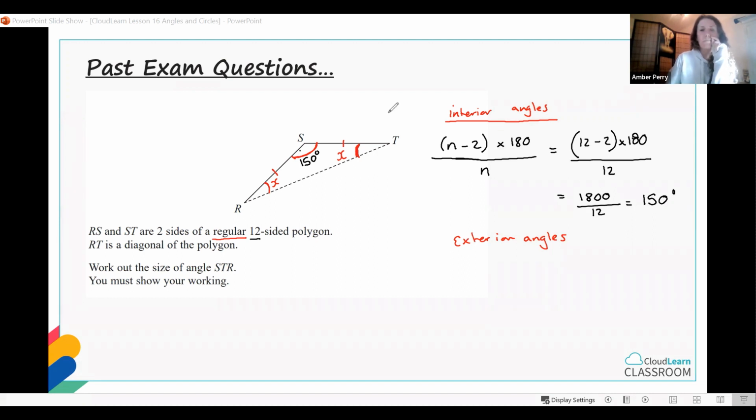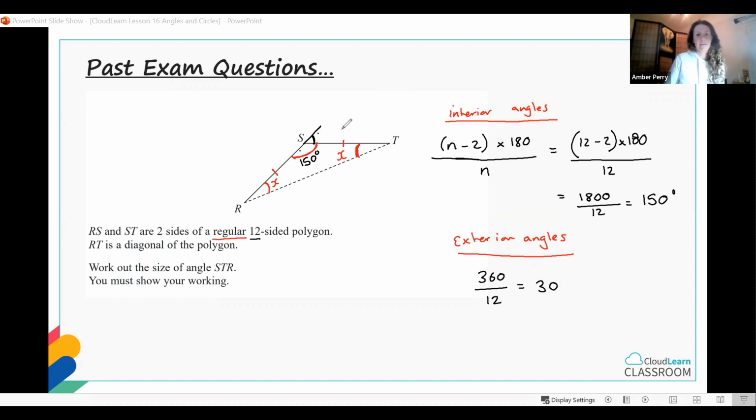Okay, let's think about method 2, if you'd rather use the exterior angles method. We're going to get the same answer, hopefully. Method 2 is finding this out first. What's the exterior angle? The exterior angles all add up to 360. There's 12 of them, so we divide it by 12. 360 divided by 12 is 30.